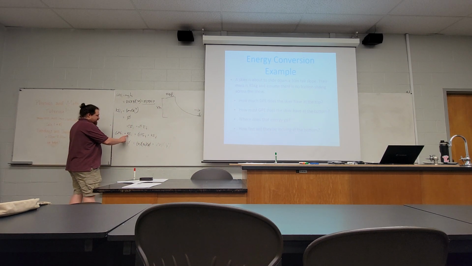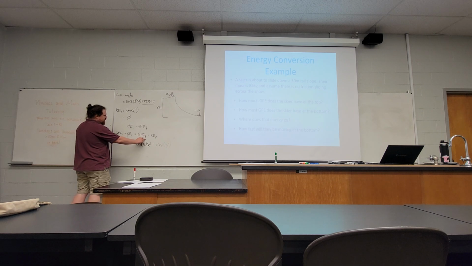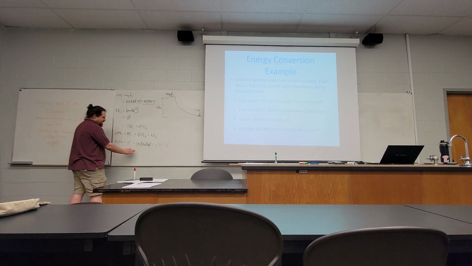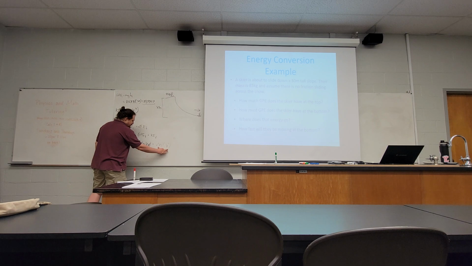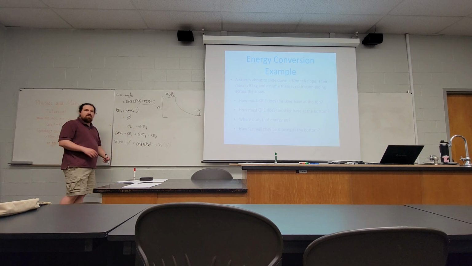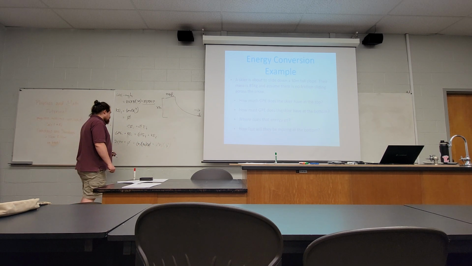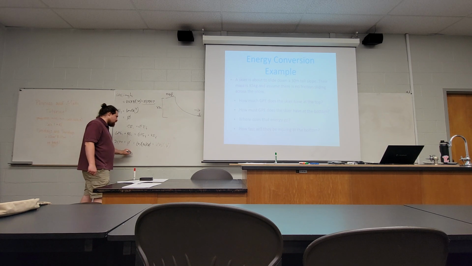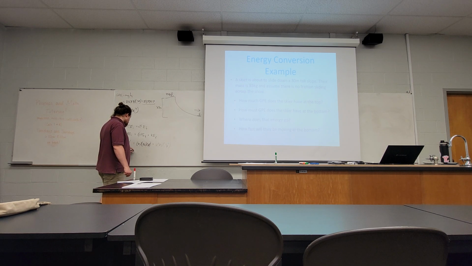So, KE initial is 0. We've also determined that GPEF will be 0 at that lowest point, demonstrating again, all of that initial GPE is going to turn into KE at that point where you're moving at your absolute fastest. And that's going to look like 24990 equals 42.5 times VF squared.